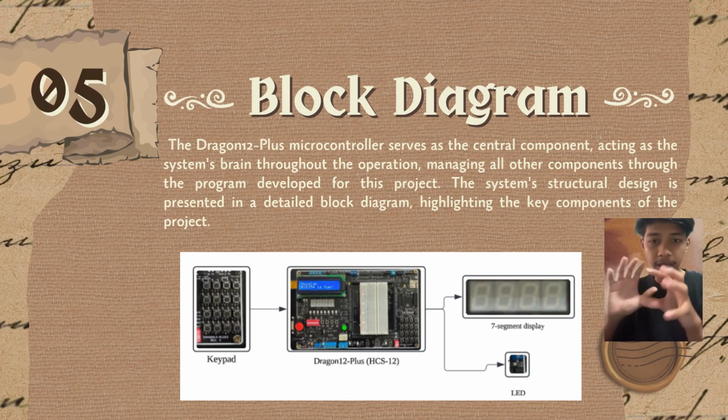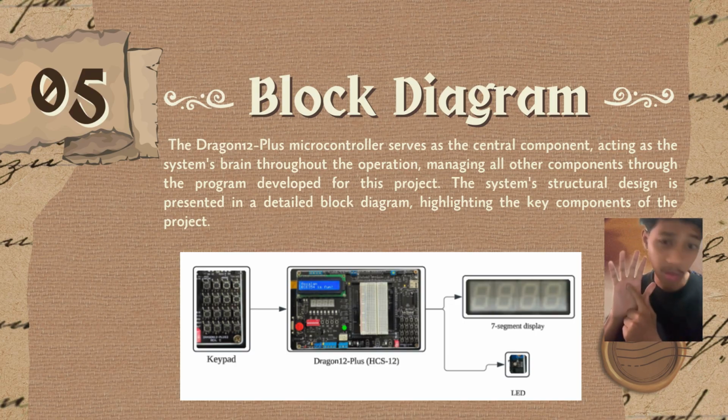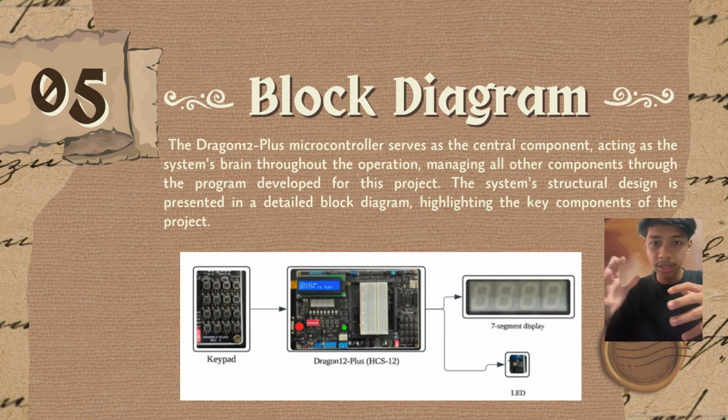The microcontroller will process and store a value of 5, and the 7 segment display will turn on with the value 5. For keypad 2 or candidate 2, 3 people have voted, and the microcontroller has stored and processed it, and the 7 segment display will show the value 3. And the LED will turn on when someone presses the keypad.